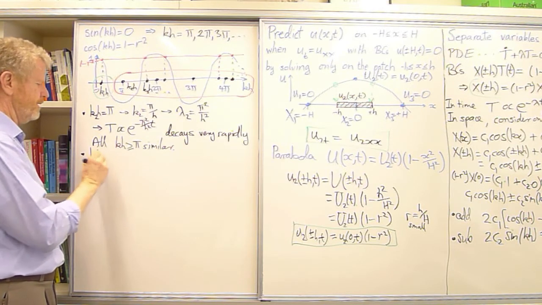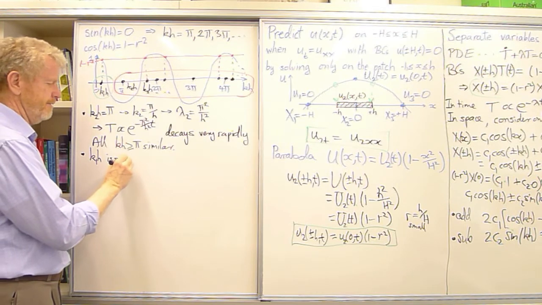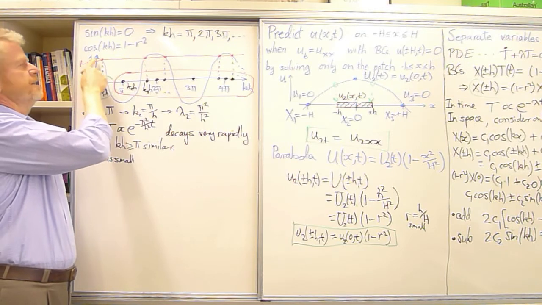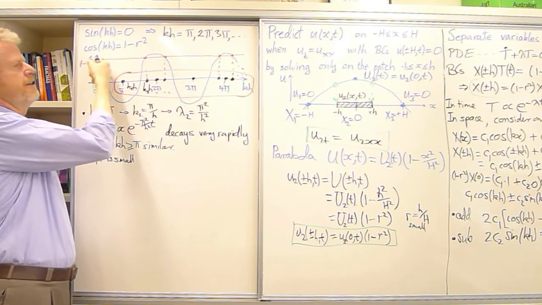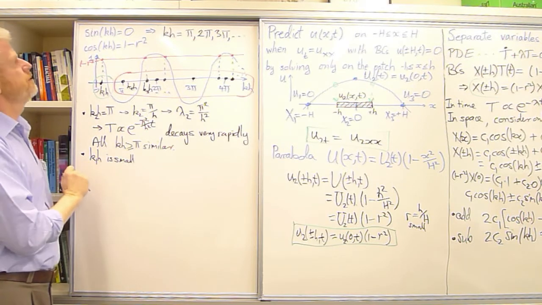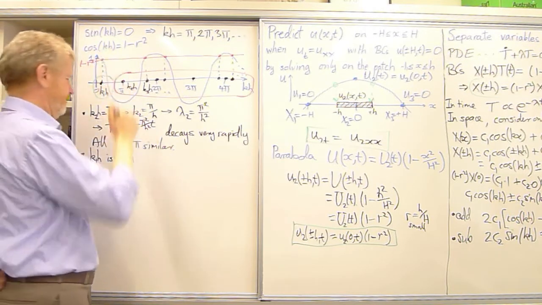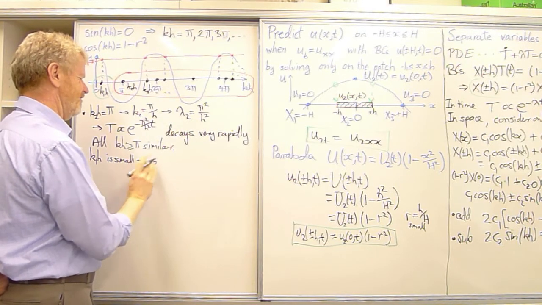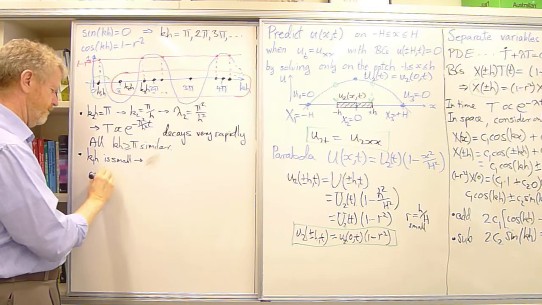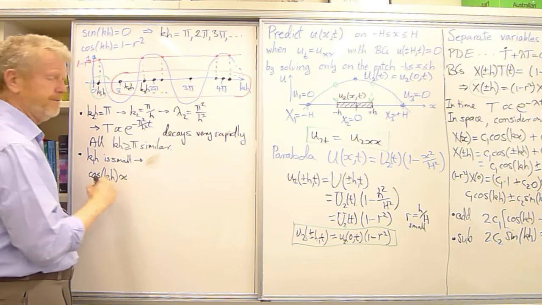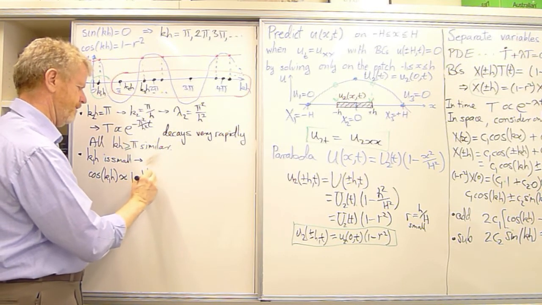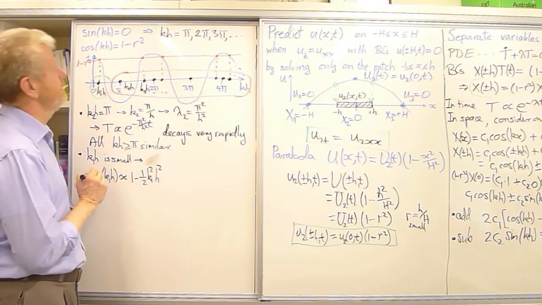Right. So K1H is relatively small. And it must be small because 1 minus r squared is nearly 1, so this intersection must happen for small kh. Now when K1H is small, we can approximate cos. So I do that on the next line. cos K1H is approximately, from the Taylor series of the cosine, 1 minus a half K1 squared h squared.